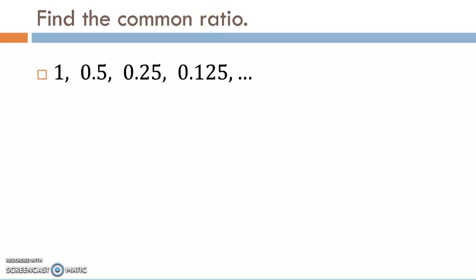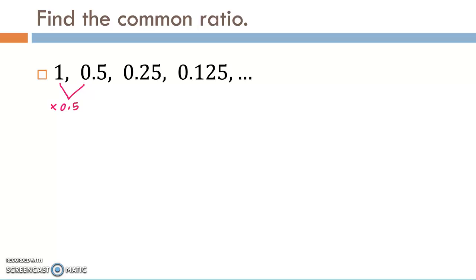So we can look at finding a common ratio in a few different ways. Some of them are kind of obvious to see, right? We take one, how do we get to 0.5? What do we multiply to get to 0.5? Well, we multiply by 0.5. How do we get from 0.5 to 0.25, though?